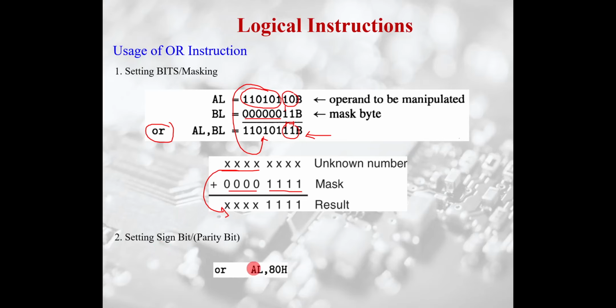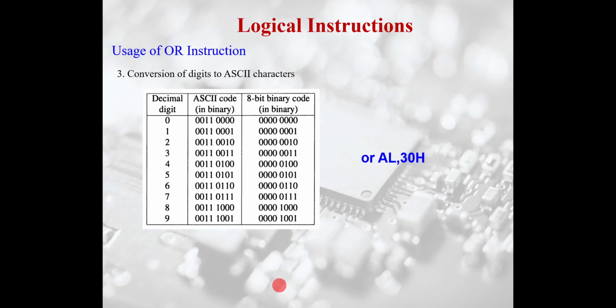Now if I have to force a 1 into the sign bit, I can do this. 80 hex is 1000 0000. So when I'm doing it with AL, all these bits in AL will come as they are, but the most significant bit in the AL register, since it's an OR operation, the sign bit, will be set as 1. So that's the usage of OR.